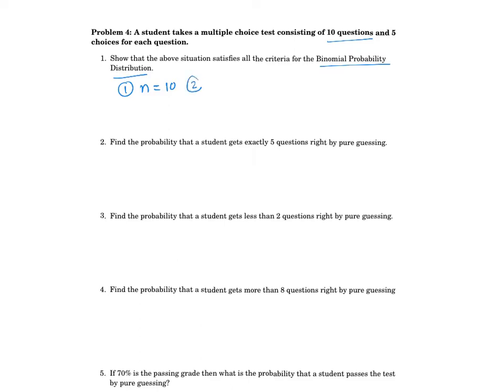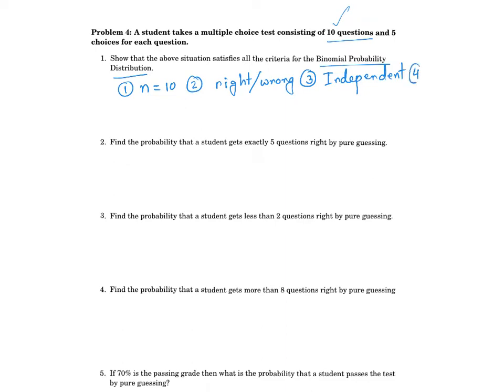Number 2, 2 outcomes. You either get it right or wrong, right? Number 3, independent. Each question is independent of any other question. You have 10 questions, and they don't depend on each other.